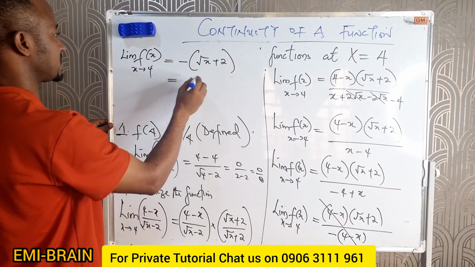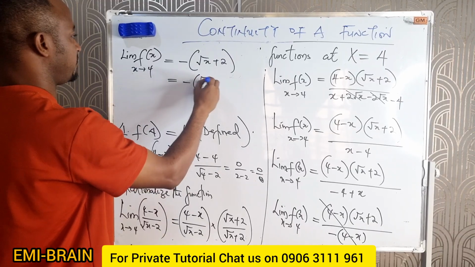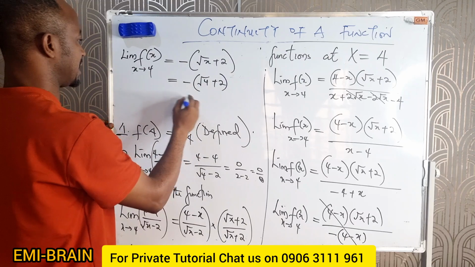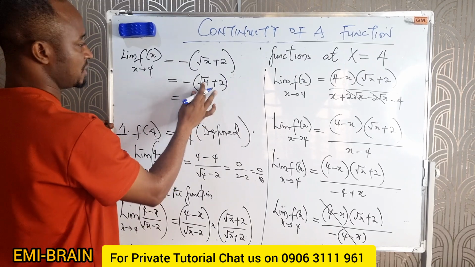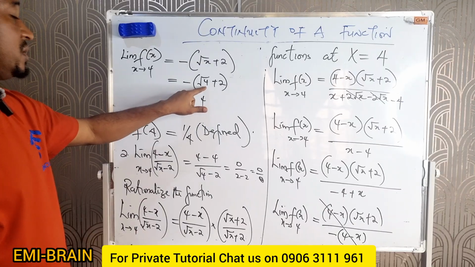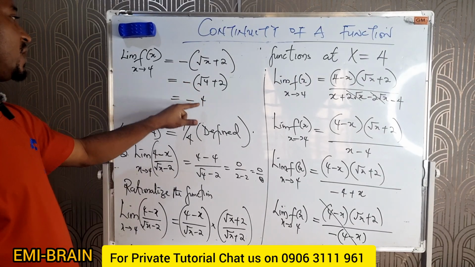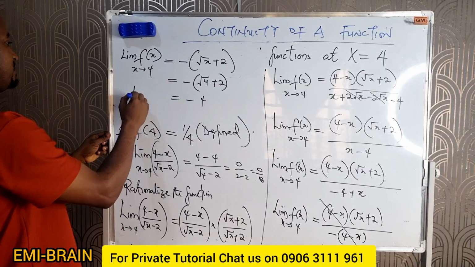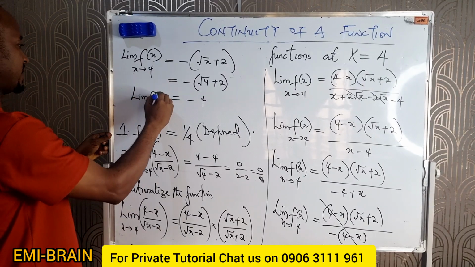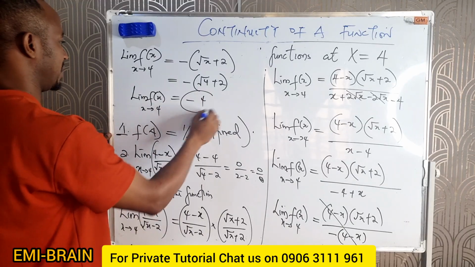This will then give us minus root 4 plus 2. And that will give us minus 4. Because root 4 is 2. 2 plus 2 is 4. Minus 4. That means our limit of f of x as x approaches 4 is minus 4.